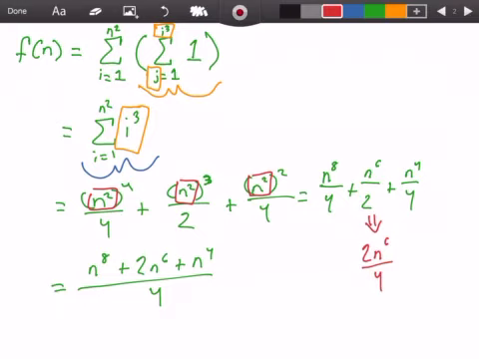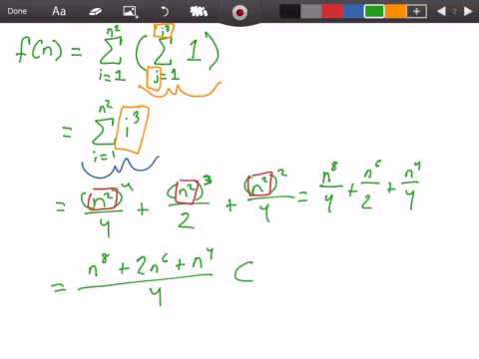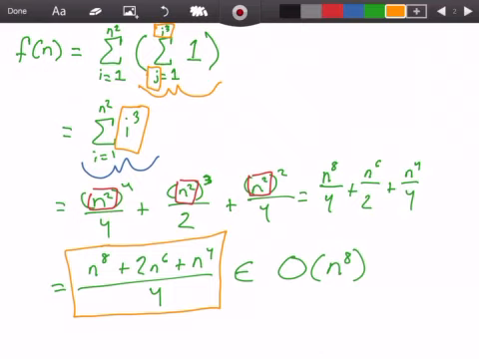They're still equivalent, and that's what I used so I can get them all under the same denominator. So now this tells us that this function belongs to big O of n to the 8th power. Our statement y equals y plus 1 is executed n to the 8th plus 2n to the 6th plus n to the 4th, all divided by 4 times, and its big O representation is big O of n to the 8th power.